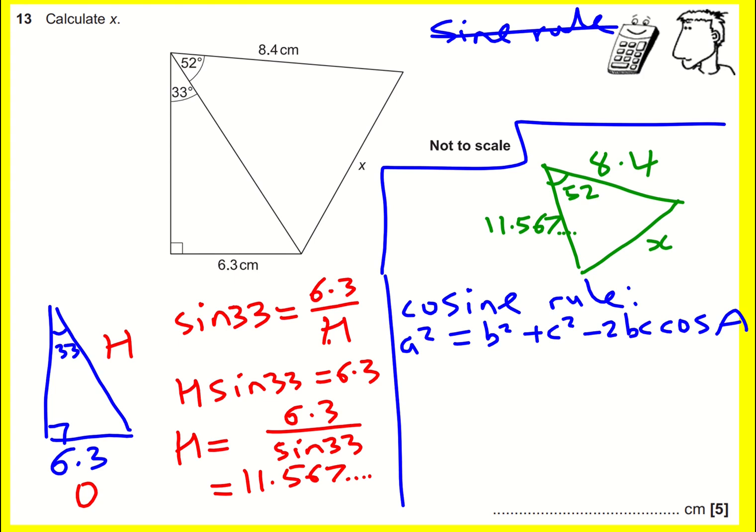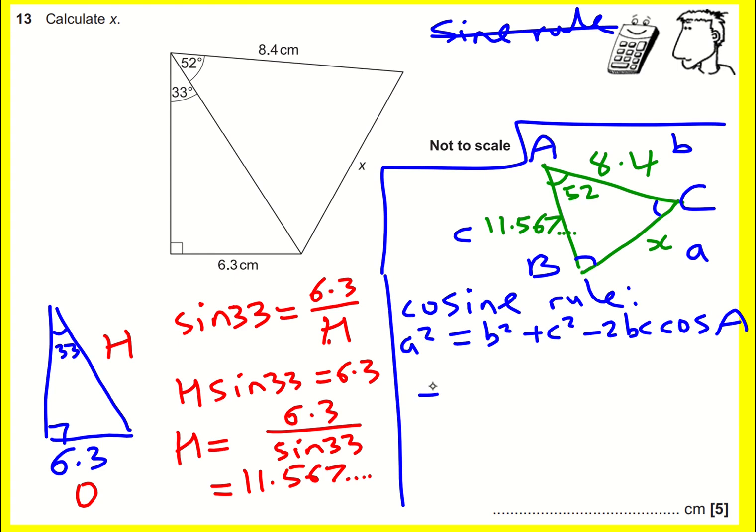I decide how I label these angles, so I'm going to call this one capital A because I know it. I want to find this little a, and I'll call this little b and this little c. Okay, I'll label the angles as well. So that's capital C and that's capital B. I'm not going to need them.